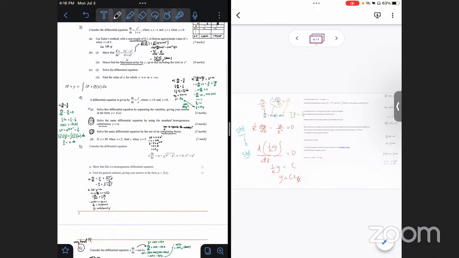I do notice that your note is just slightly different, but the standard stuff should be the same. Do we have this?